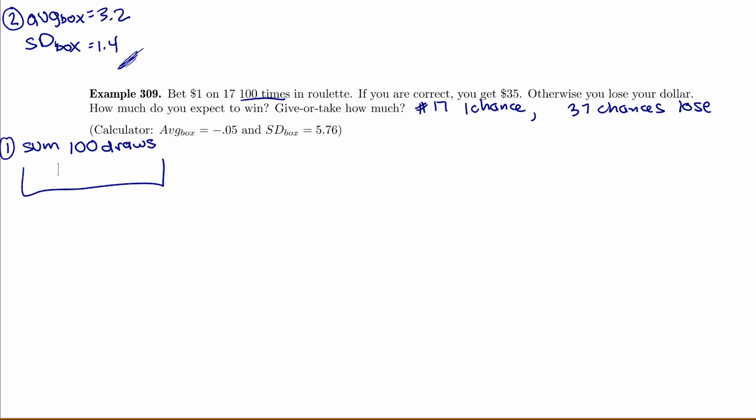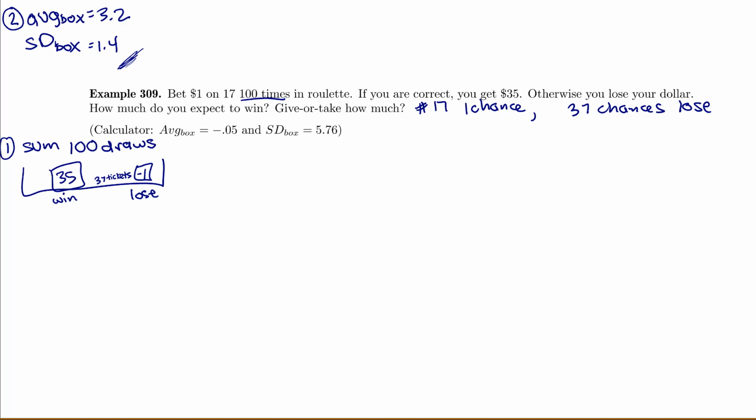We can win or lose, so we win $35 or we lose $1. So 35 to win, -1 to lose. What are my chances? I have one chance to win, but 37 chances or tickets to lose.